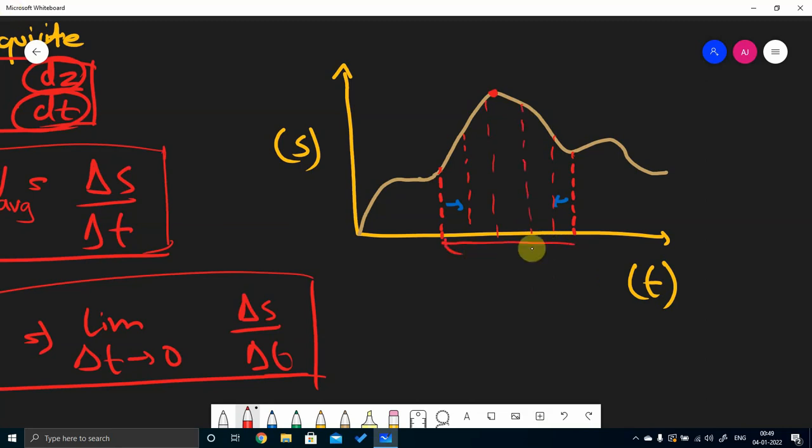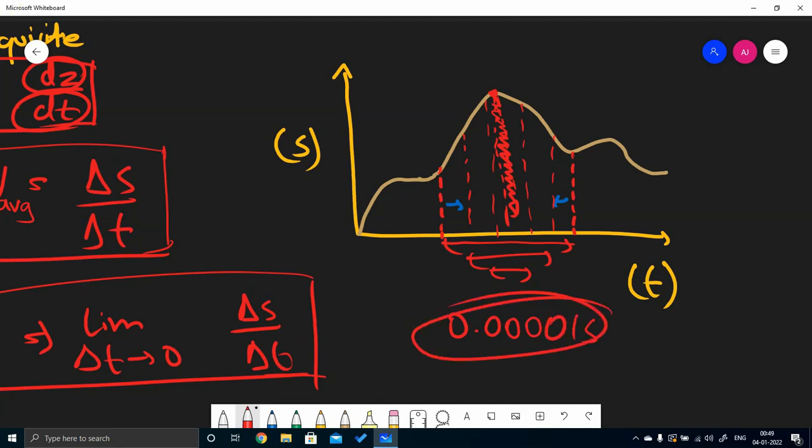So we're basically reducing the time interval. Initially we took this as a time interval, then we reduced it to this much, then we reduced it to this much, but we actually want a really small time interval, and we go ahead and find the average velocity for that really small time interval. Let's say I'm finding the average velocity of the body for a time interval of 0.00001 second, right?